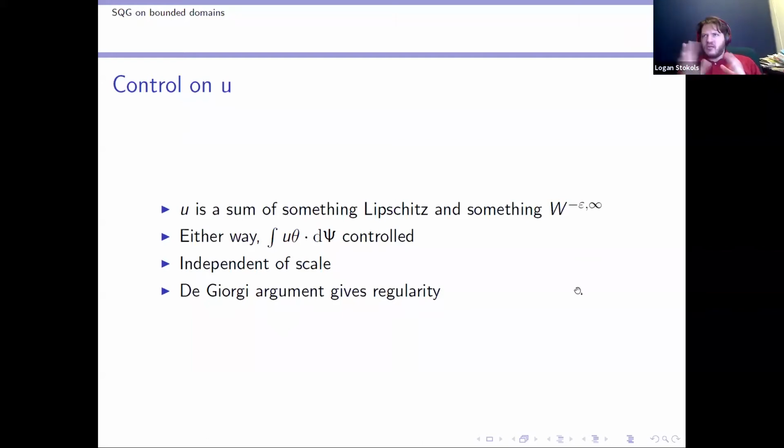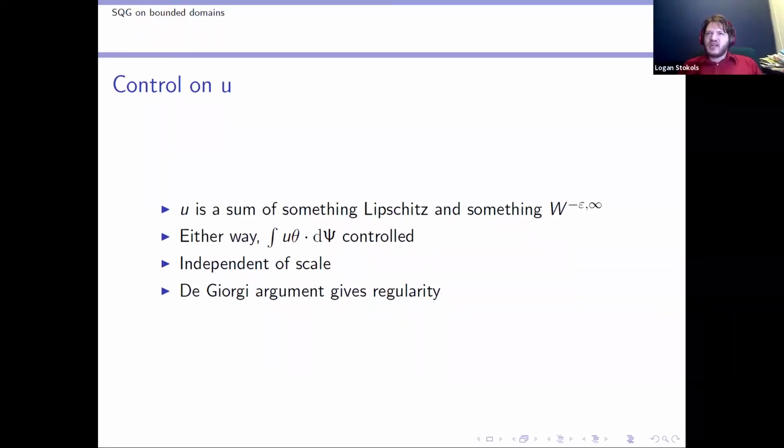That's a little in the weeds, but the point is, with this little paleocalculus, you end up with a commutation relation that is exactly what you need, and you get that U is a sum of something that's Lipschitz and something that's integrable. Combining these two facts and being clever, you end up with the integral of U times theta plus being well controlled.